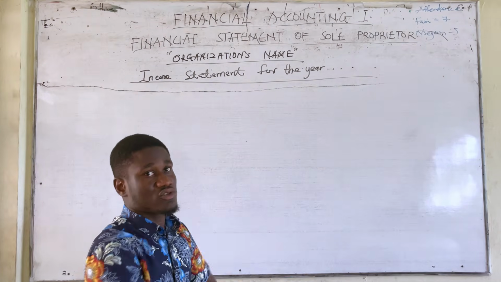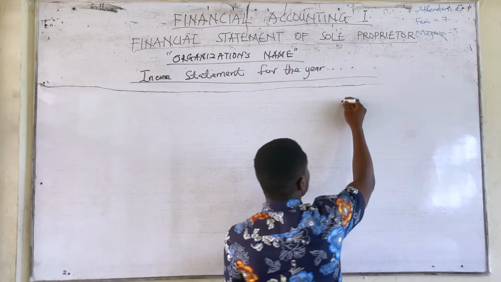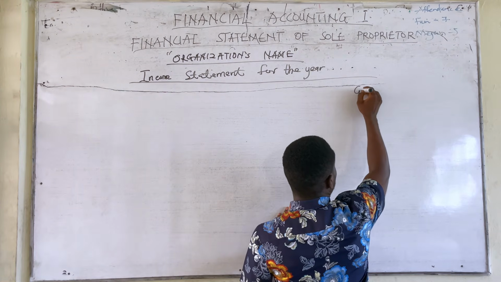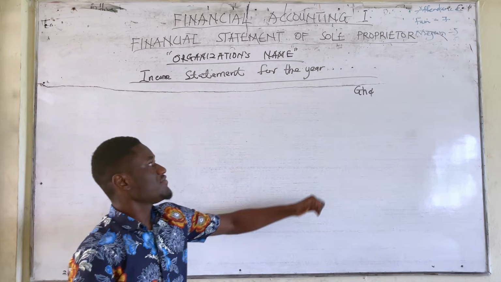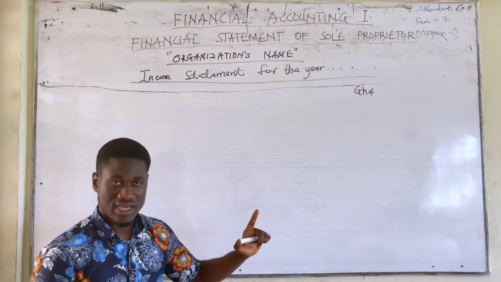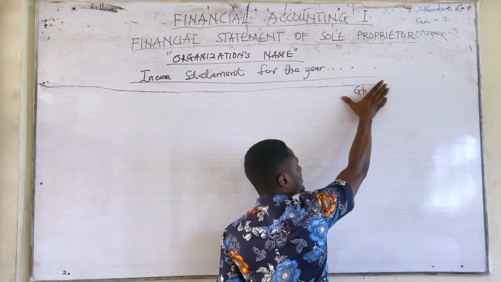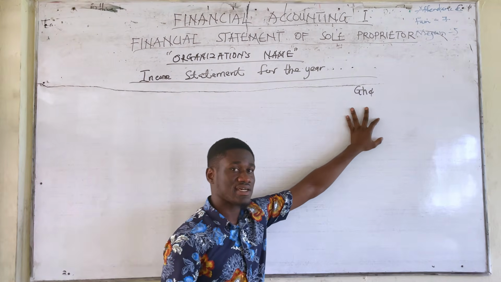Now let's use Ghana cedis, but if they give you a different currency sign, you are going to use that currency sign. So let's say in the question, the currency given to you was Ghana cedis. So you have to show Ghana cedis.